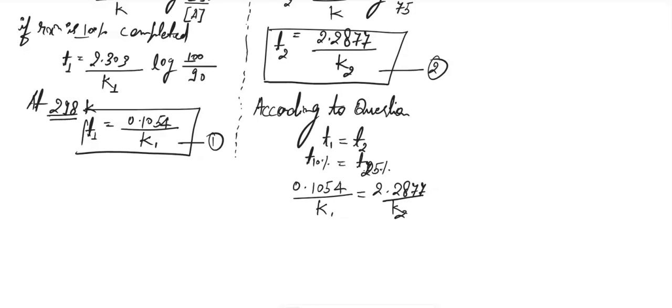From this you can write the value of K2 upon K1, which will be 2.7296.